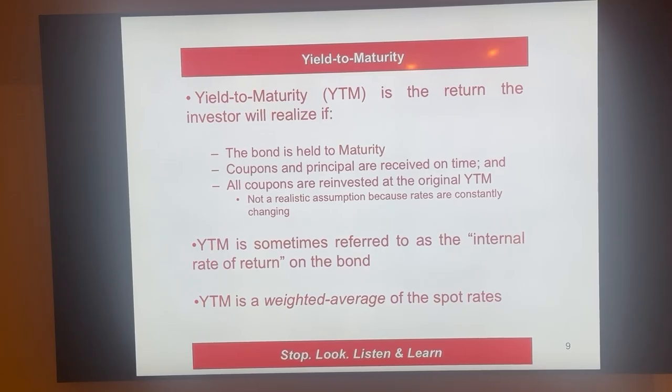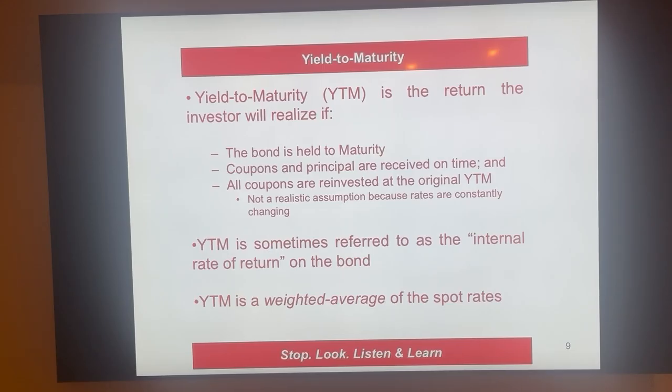So the interest rate on the date that you receive the 1-year or the first coupon is probably going to be different than what the interest rate is going to be when you receive the 2nd-year coupon. And so you very likely are not going to be able to invest all of those coupons at the same interest rates.